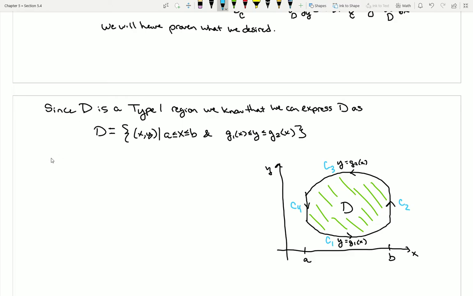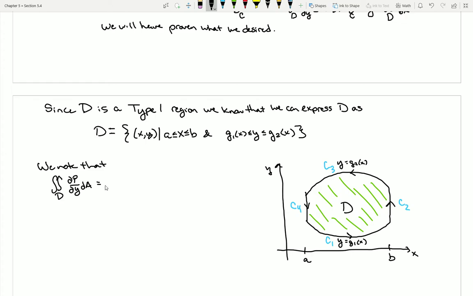Maybe I can start by dealing with that double integral. Let me switch back to my black here. We note that if I was going to do a double integral over D of partial P with respect to y, dA, I can easily start to set up how I would compute that.